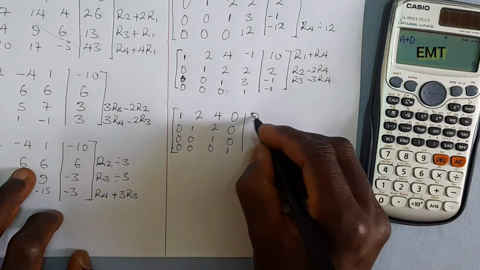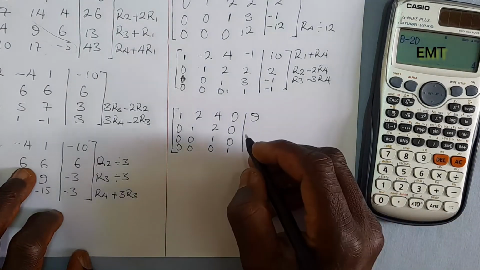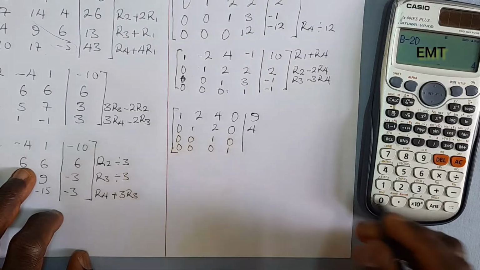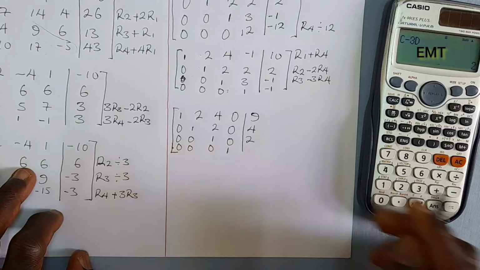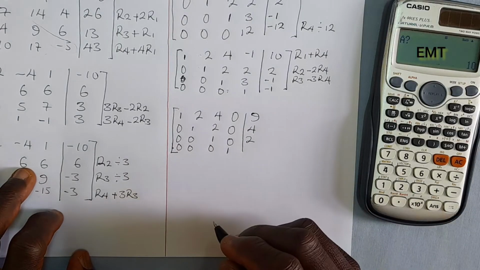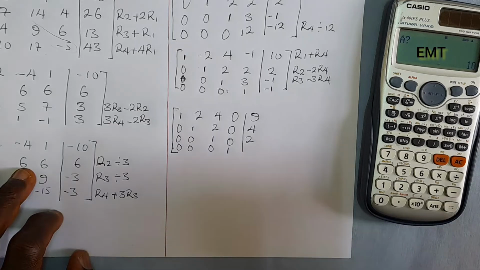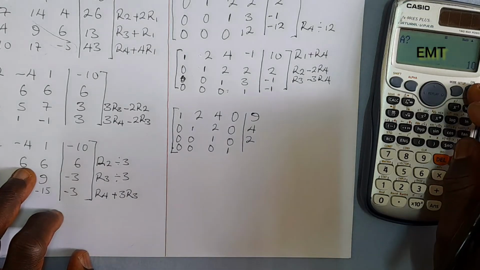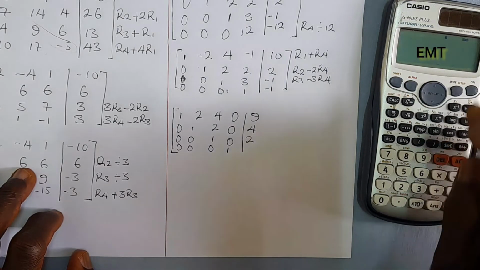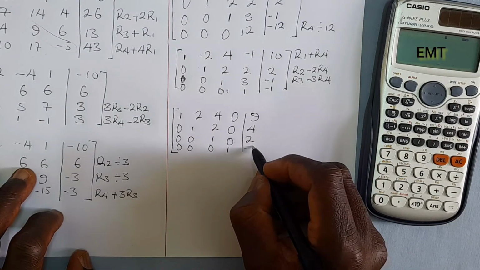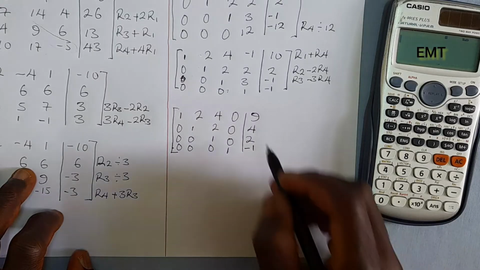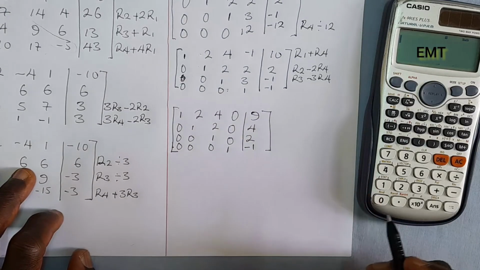So we have 9 in row 1, 4 in row 2, 2 in row 3, and then for D, we did not do operation on it, so it has to remain like that. We are done with that operation.